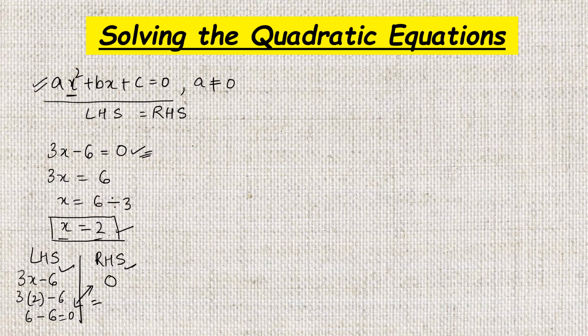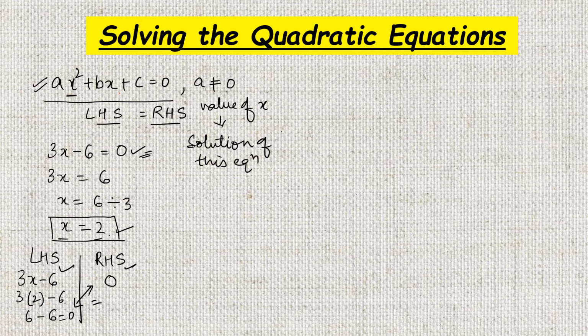So, similar is the case with the quadratic equations as well. We need to find the value of the variable x so that when that value of x is put back in the equation, LHS and RHS are equal. That value of x is called the solution of this equation.